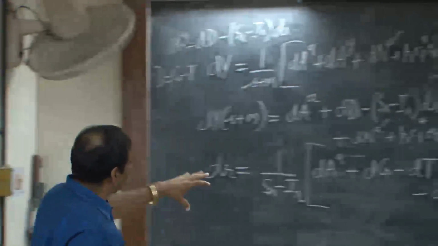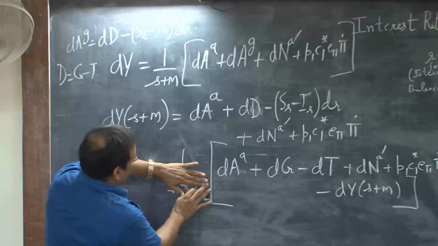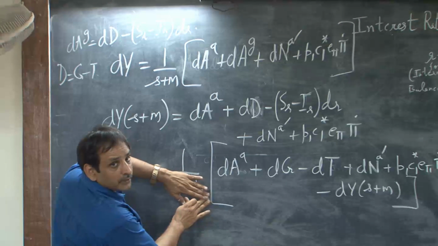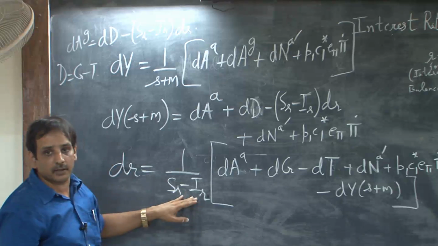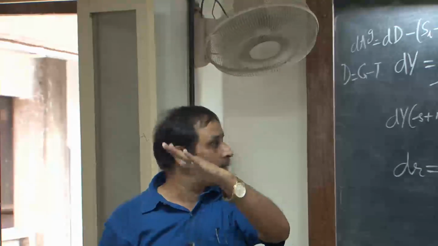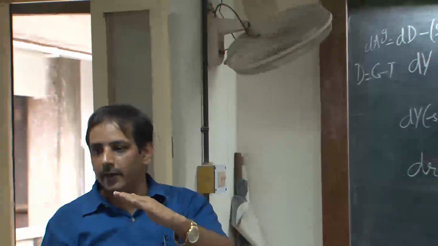So the slope earlier was tan 45, but now it is 1 upon SR minus IR, an angle which is lower than 45 degrees.